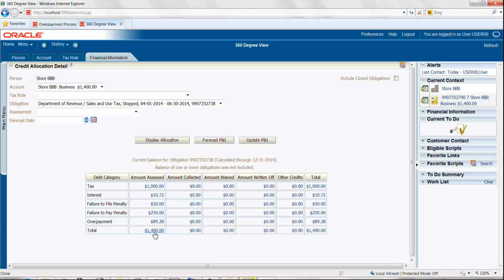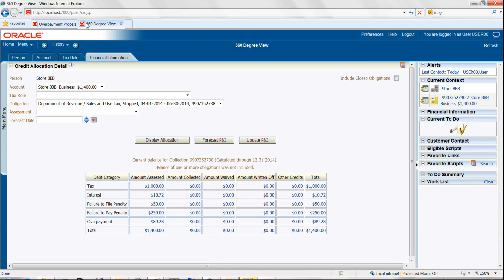Now, we're going to create another tax form, also for an overpayment, and you'll see in this case that before it sends out a check, in this case a direct deposit, it will have to offset the $1,400 on this obligation, and then only after that pay out the rest.